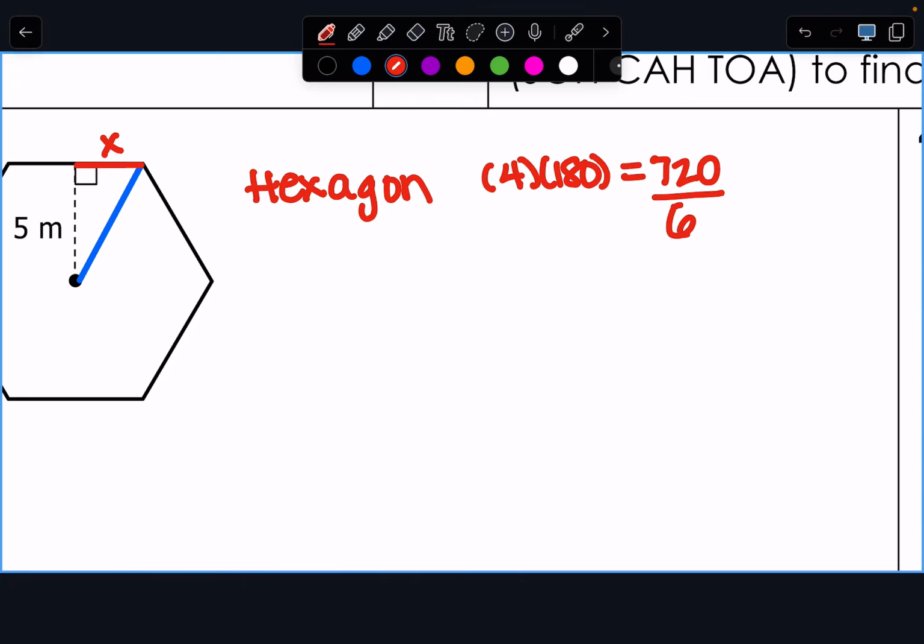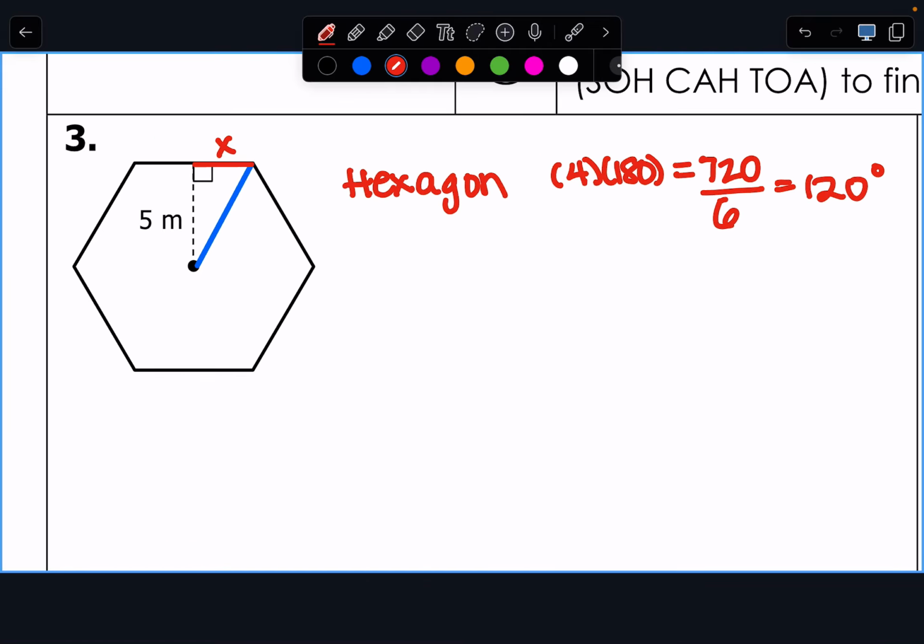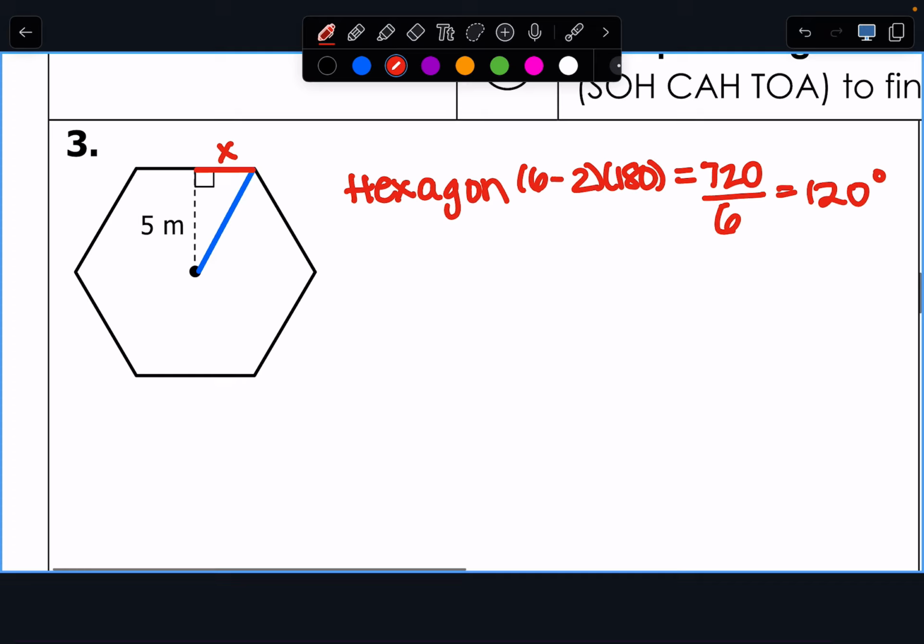It's 120. So each of these angles is 120 degrees, which means this angle right here is 60. Hey, I like that, because we know the properties of a 30, 60, 90 triangle, right? Okay.